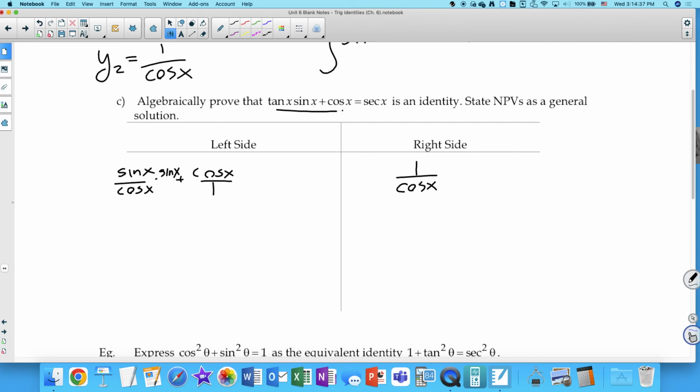Yeah, so I'm going to take this term and multiply it by cosine x over cosine x. And then what I end up with is a single denominator of cosine x. This is sine x times sine x, which is sine squared x, or sine x squared. And this one is cosine x times cosine x, cosine squared x. Okay?